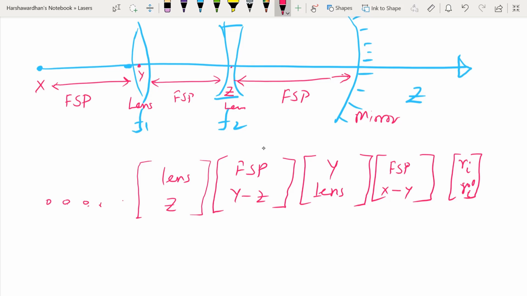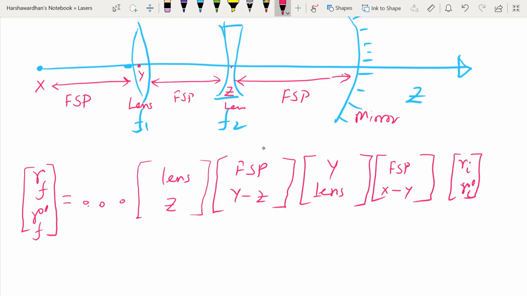So this is how, after I multiply all these matrices, I can obtain at the end of it the final ray, its location as well as its slope.